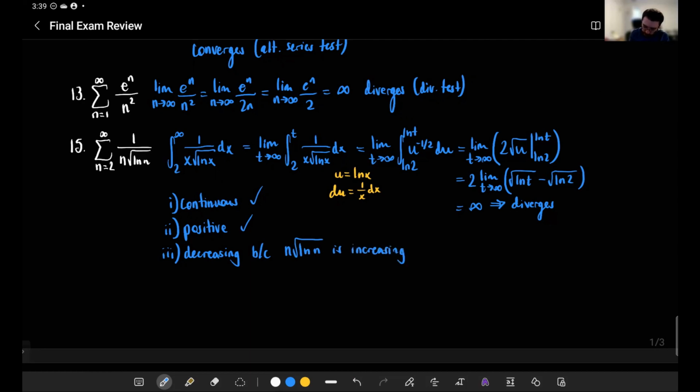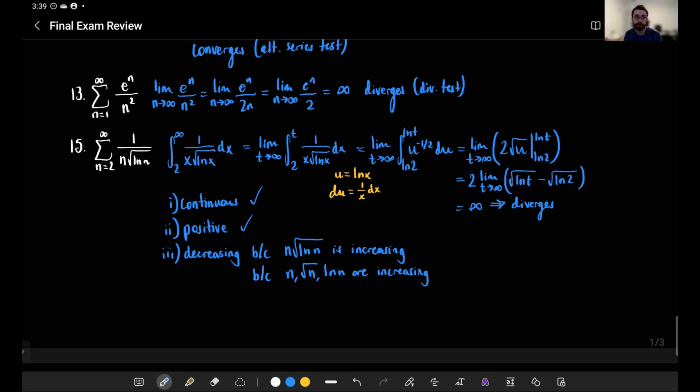But then you ask, how do I know that? I know that because n, square root of n, and log n are increasing. Just graph them. N is a line with positive slope. Square root of n always goes up, log n always goes up. So those are all increasing.